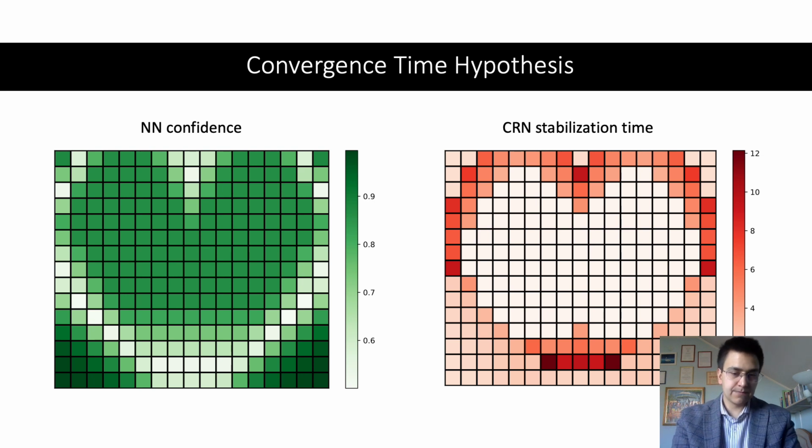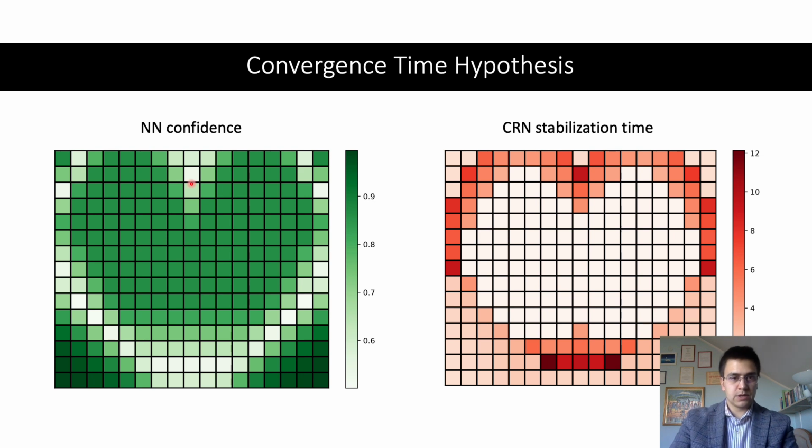Okay, now I'll slightly digress, quick digression. So we were wondering, this is one hypothesis that we wondered about. So we have a neural network and we learn it on a heart pattern, so you can see the confidence of the neural network in its outputs.